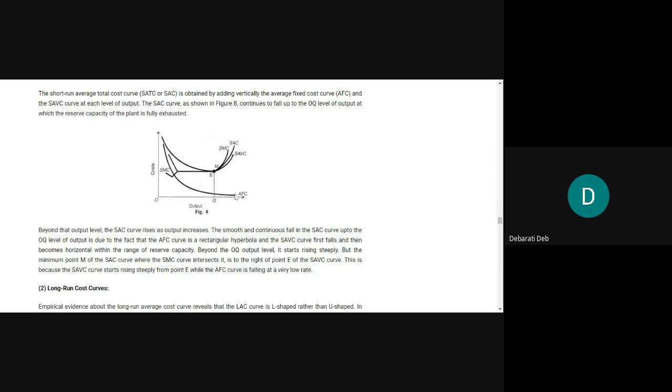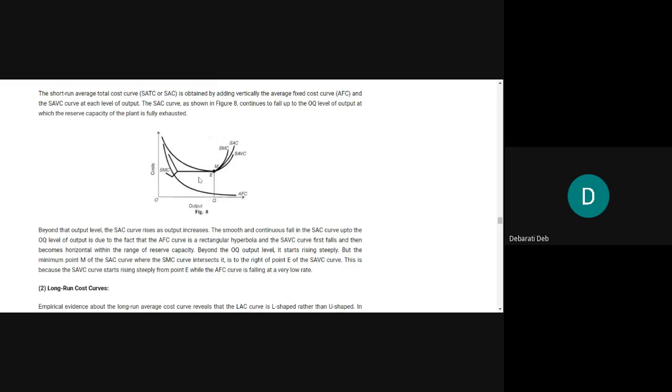This is the reason that this point M occurs towards the right of the point E on the SAVC curve. What is this point M? This is the minimum of the average cost curve. Today you will draw the average cost curve, right?